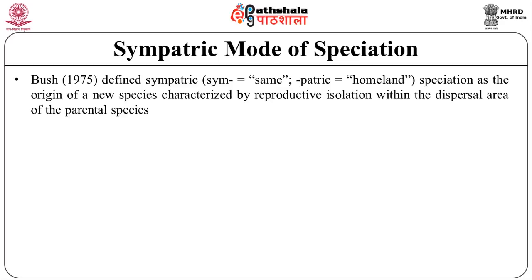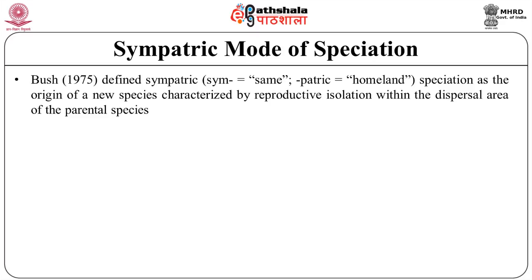Bush in 1975 defined sympatric speciation, where sym means same and patric means homeland, as the origin of a new species characterized by reproductive isolation within the dispersal area of the parental species. Sympatric speciation is the evolution of reproductive isolates without geographic isolation, according to Mayr in 1963.